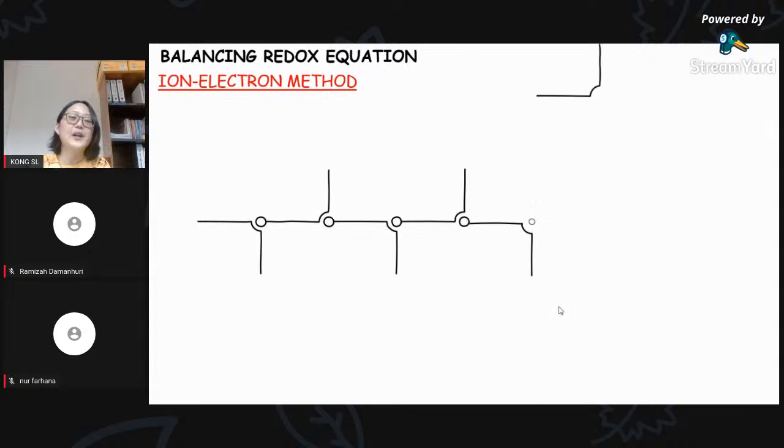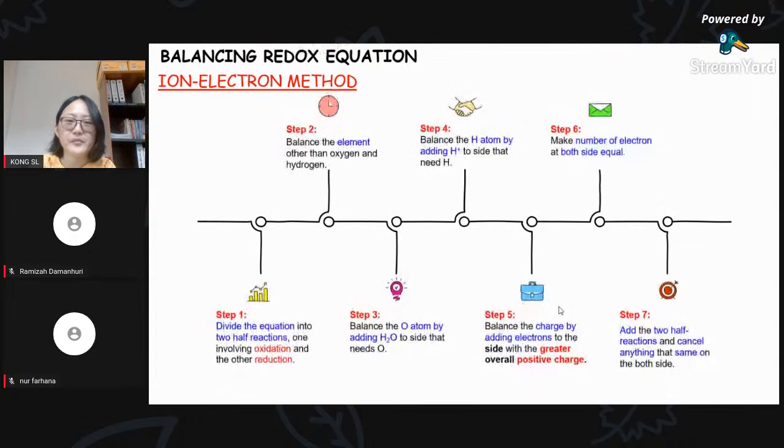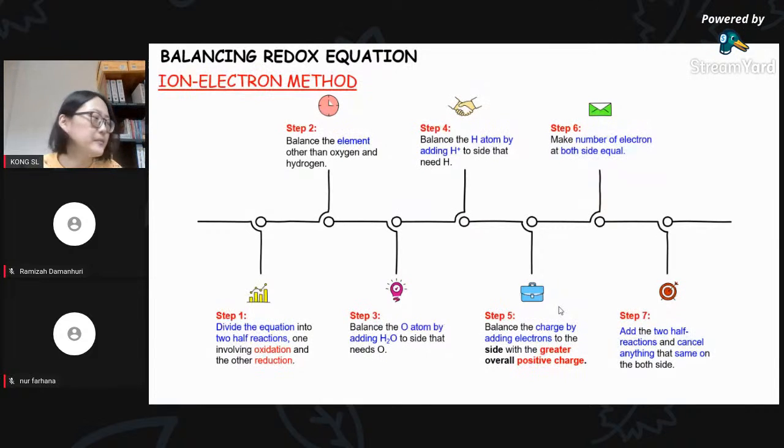This one, the ion electron method. Do you still remember step 1, step 2, step 3, step 4, step 5, step 6, step 7? Okay, have a look first.